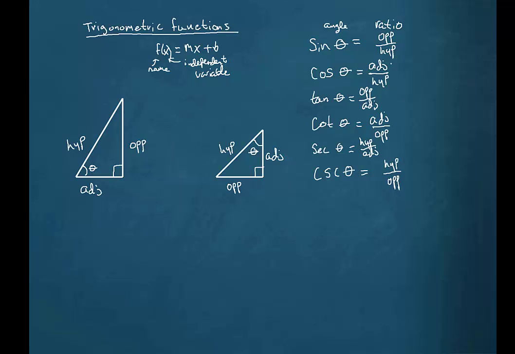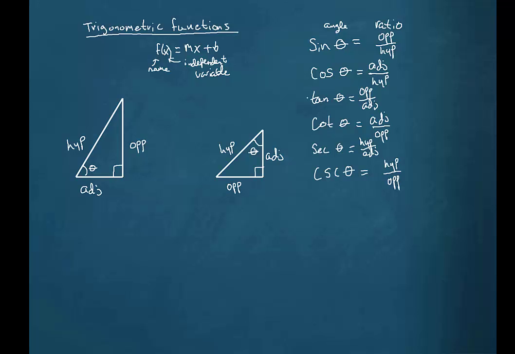Now let's notice some things here. Once we have defined the first three, the sine, the cosine, and the tangent, then the remaining functions, cotangent, secant, and cosecant, are just inversions of the first three. For instance, the cotangent of theta is just the tangent flipped over. So rather than opposite over adjacent, it's adjacent over opposite.